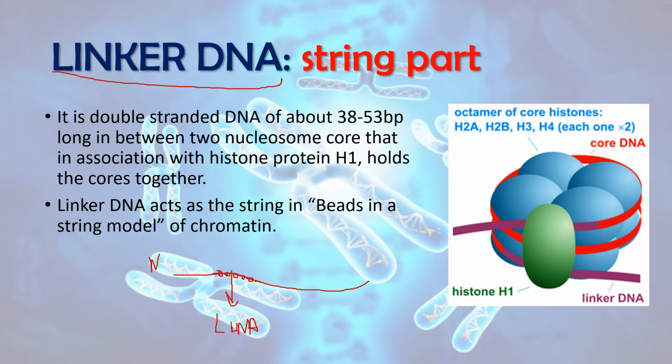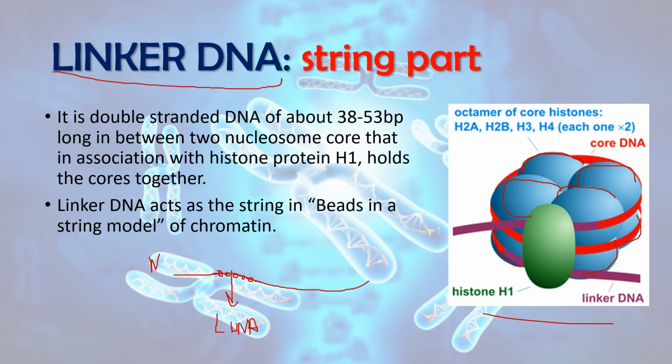Now take a look at this diagram. So there are 8 histone proteins. The first one, second, third, fourth, and this is fifth, sixth, seventh, and the eighth is just behind this.